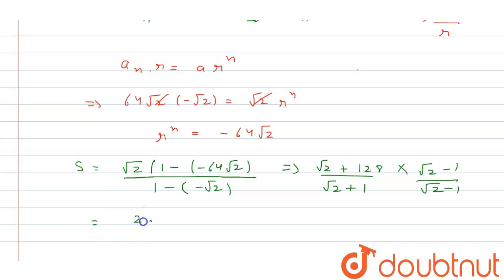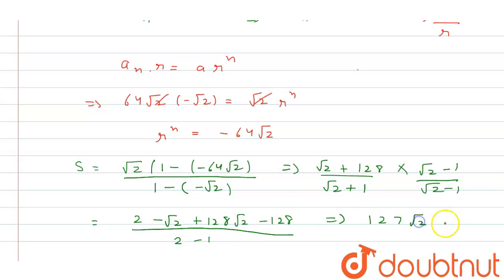We get 2 minus root 2 plus 128 root 2 minus 128, and in the denominator we can see a plus b times a minus b, so we can write this as a square minus b square. A square is 2 square, which is 2, and minus b square means 1 square, so minus 1. Solving this further, we get 127 root 2 minus 126.